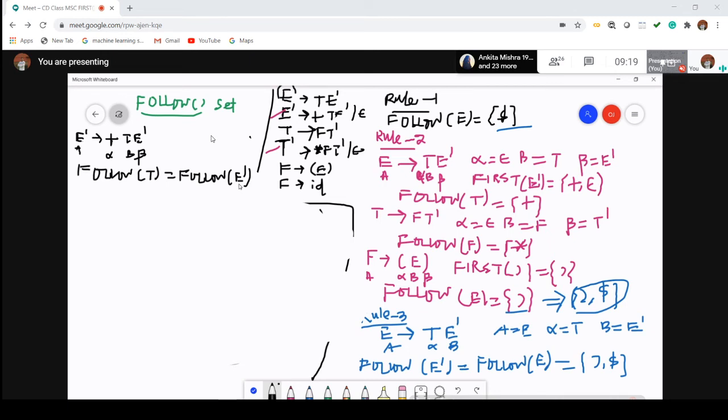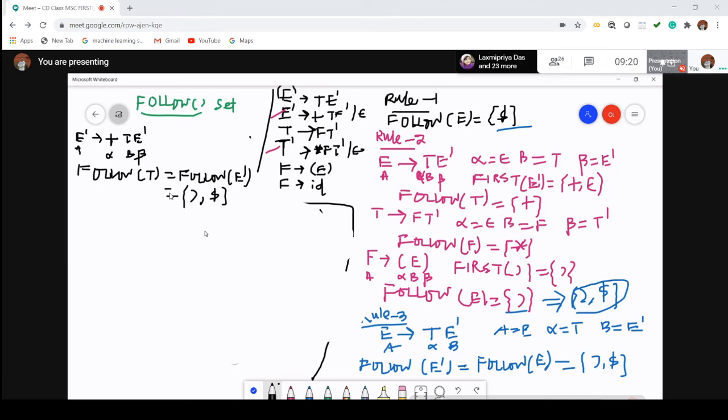Follow for E dash, in the previous step we calculated: right parenthesis and dollar. So follow for T equal to follow for E dash equal to right parenthesis and dollar.